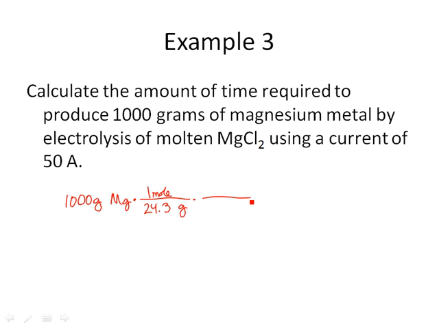So magnesium on the bottom. Now, can you see what the charge on magnesium is? 2. So how many electrons do we need? The magnesium cancels, grams cancel. Good. 1 mole of electrons on the bottom, and then 96,500 what? Coulombs on the top. So moles cancel, electrons cancel. Now I've got coulombs.